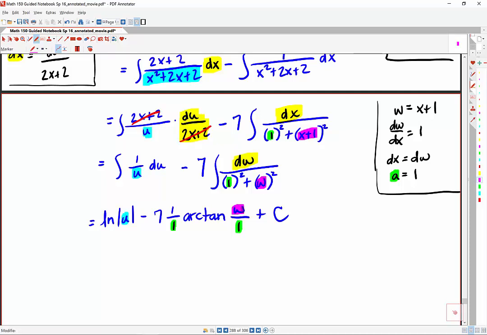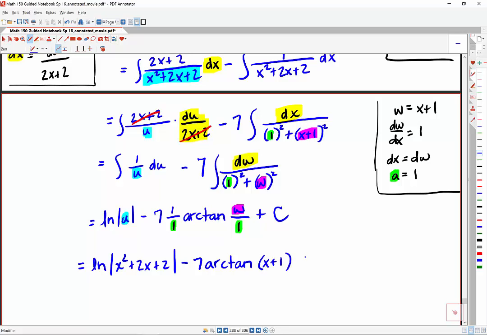All right, so then this will give us the result of natural log absolute value of u, which was x squared plus 2x plus 2, and then minus 7 times arctangent of x plus 1, plus c. And this was our w, and this here was our u from the first one.